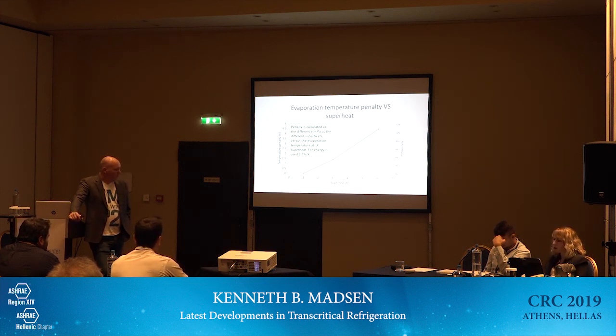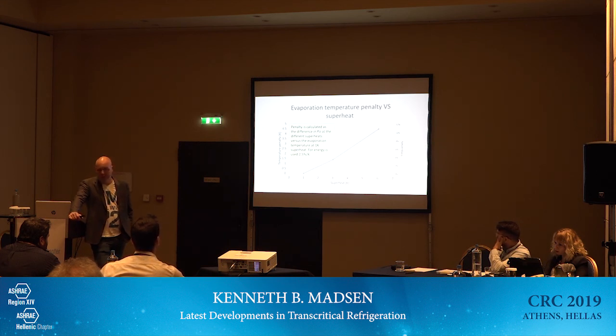And we know that if we use 2.5 Kelvin or 2.5% energy saving per Kelvin, then you can see the energy penalty that we are paying for the superheat on the secondary y-axis. So typically going from 6 Kelvin down to low superheat will give you something like 10-12%.